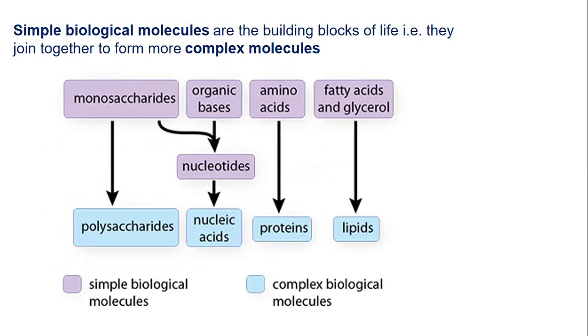Let's start with the simple biological molecules. Most of these biological molecules are complex, but they are made up of simple molecules. Let's take an example. If someone is going to build a house, it might have large walls, but the walls of the house are made by joining smaller subunits.